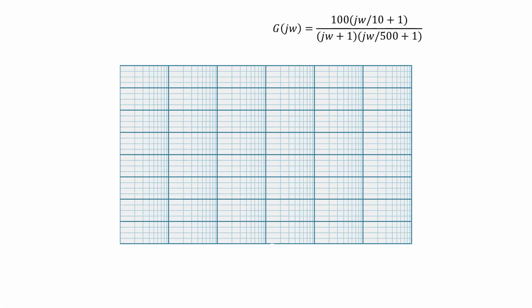Okay, let me assume this is my zero. Let me start with the magnitude, 20 log of, or the magnitude in dB. And this is my scale, suppose this is 0.1.